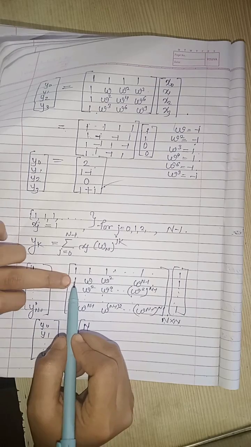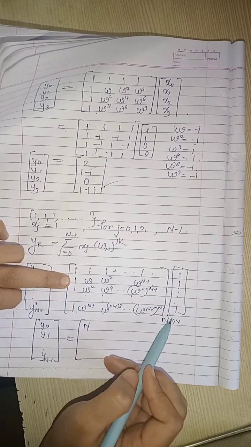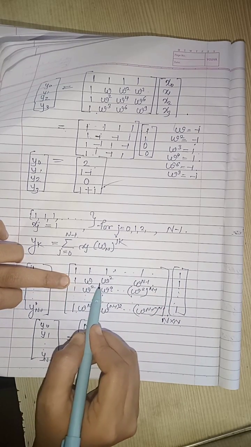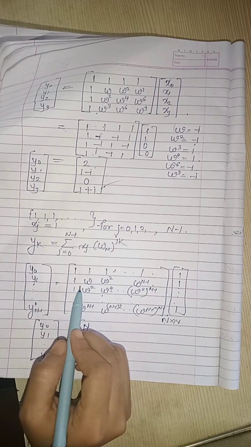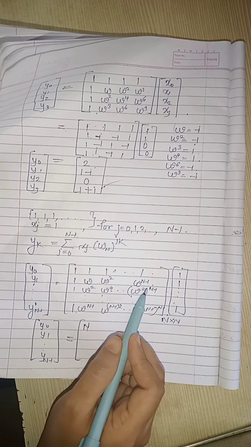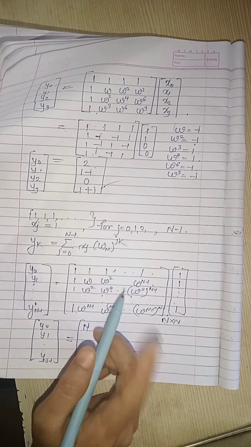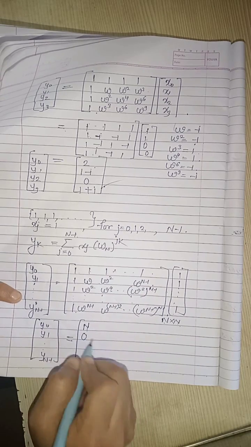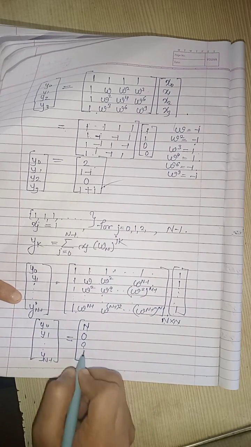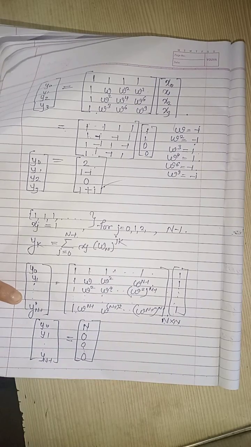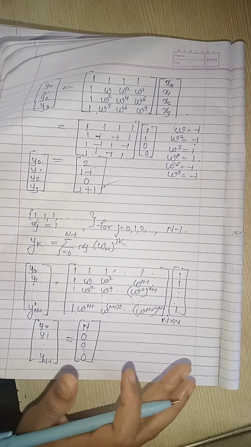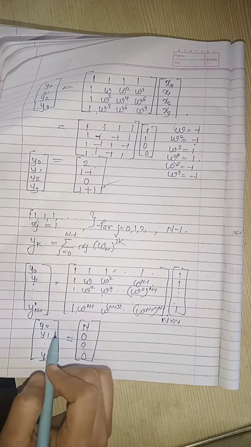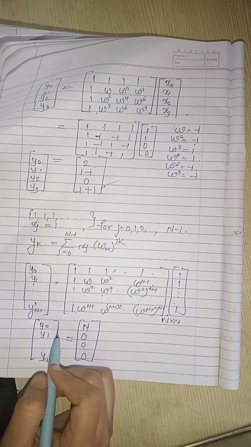And then if you see the second row, if you multiply it with 1, then what you'll get is 1 plus omega square up to omega raised to n minus 1. And we have already seen that the summation up to the power of omega as n minus 1 is 0. So you can directly write 0, and it will continue to be 0. So this is the value for the vector after the transformation.